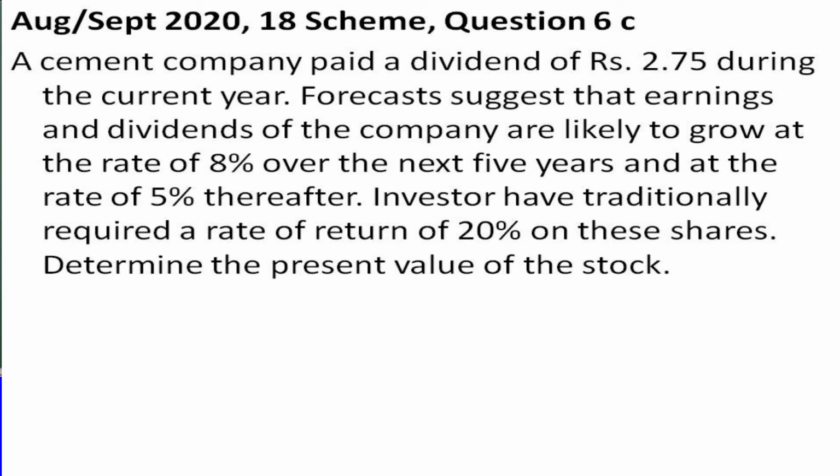Forecast suggests that earnings and dividends of the company are likely to grow at a rate of 8% over the next 5 years and at the rate of 5% thereafter. Investors have traditionally required a rate of return of 20% on these shares. Determine the present value of the stock.